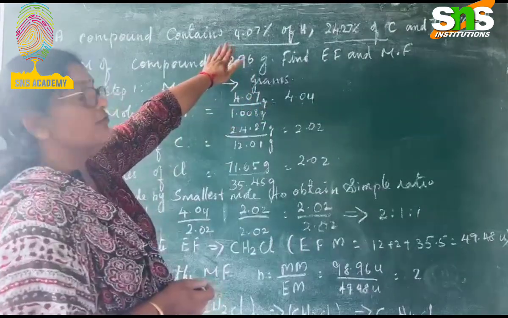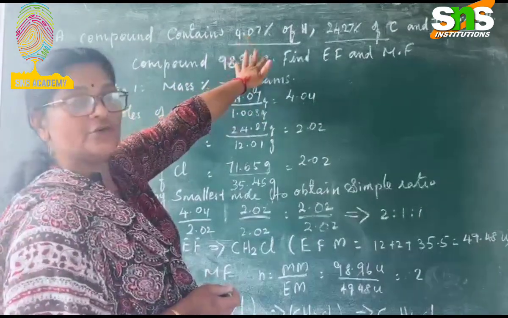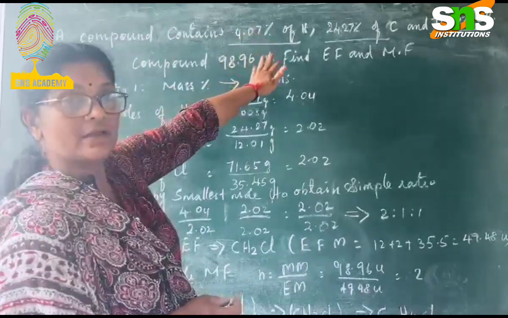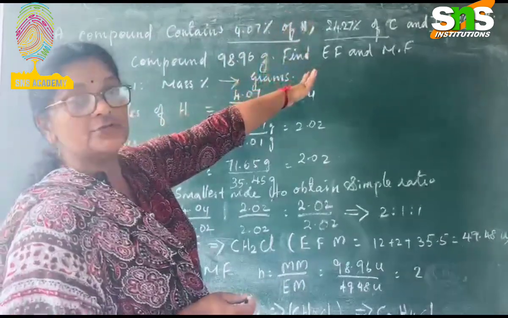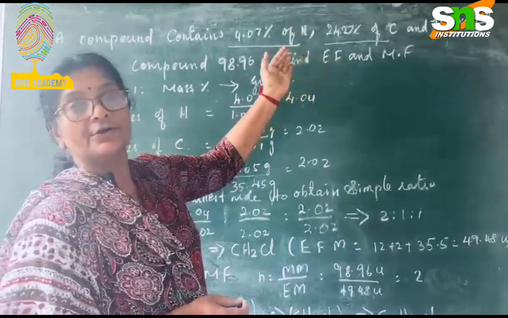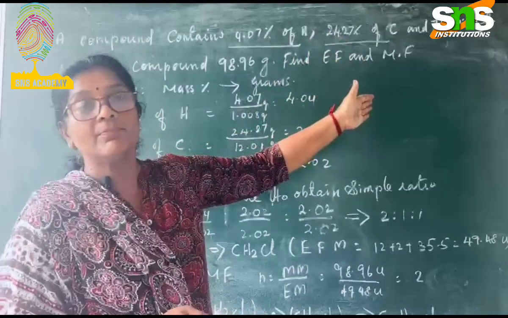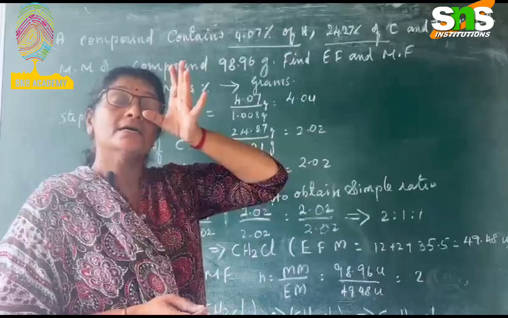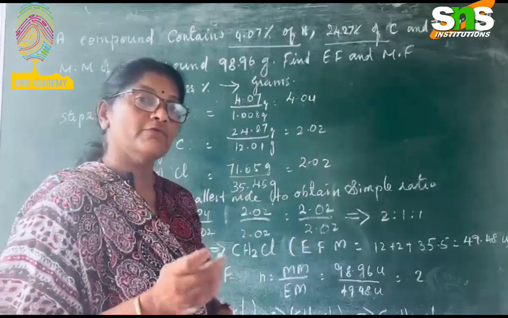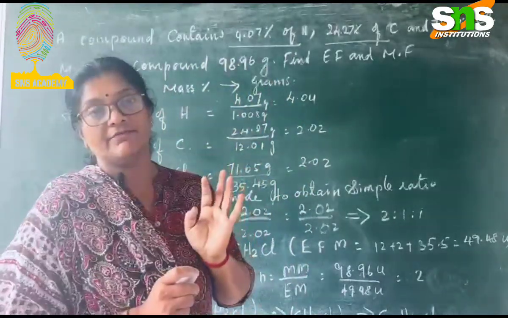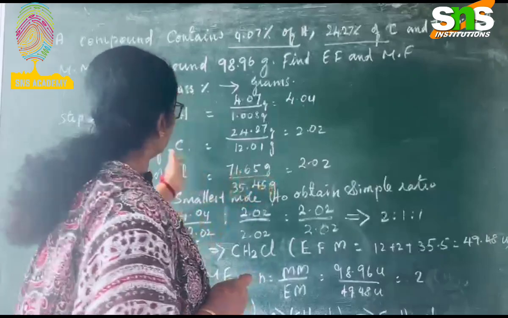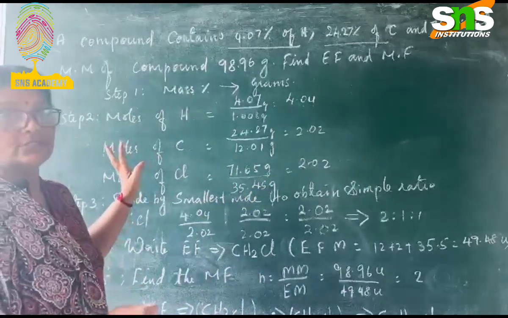So we'll consider 4.07% of hydrogen as 4.07 gram of it, 24.27% of carbon as 24.27 gram of carbon, and 71.62% of chlorine as 71.62 gram of chlorine. So masses are given in grams, where the second step is to calculate the number of moles present.